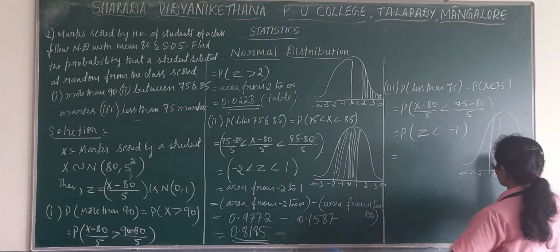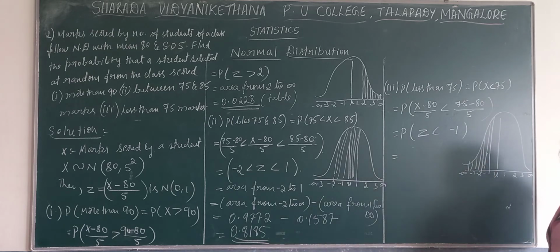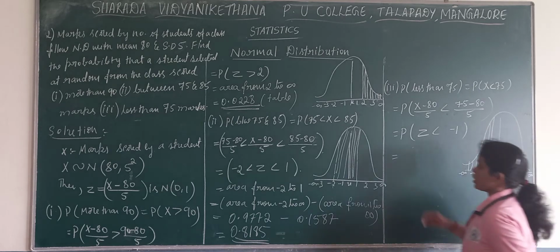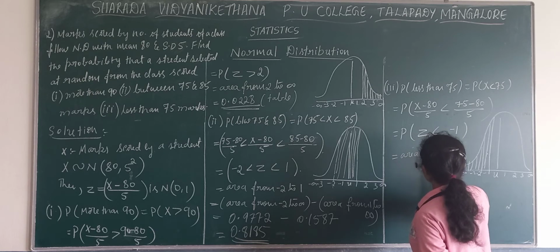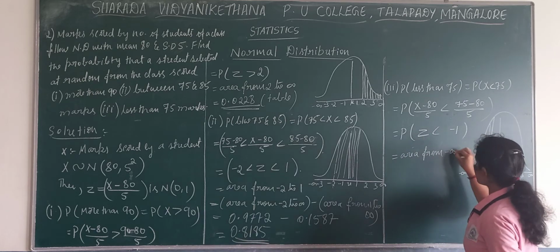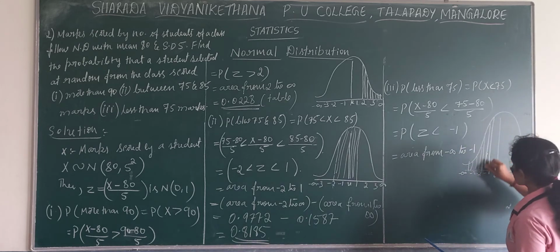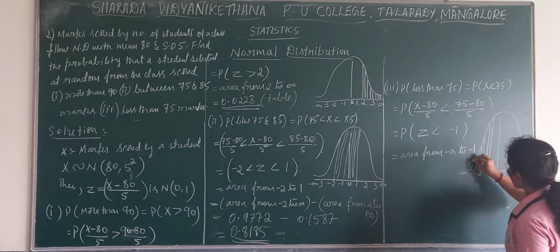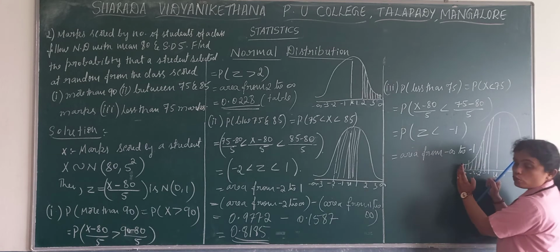Lesser than that, left side. Lesser than minus 1, this is the area. What is the area? Minus infinity to minus 1. This is the area of Z, from minus infinity to minus 1.